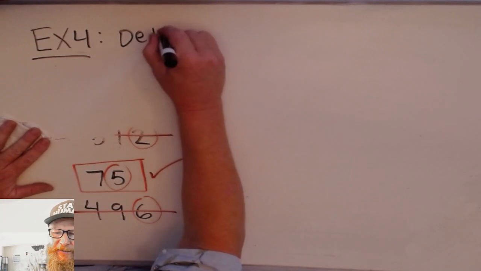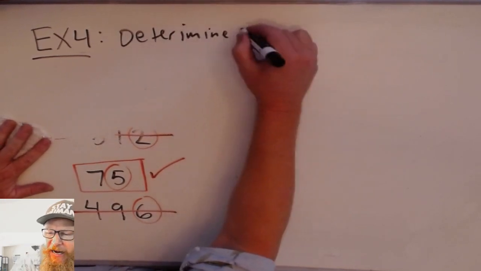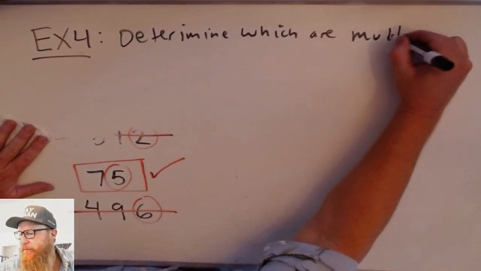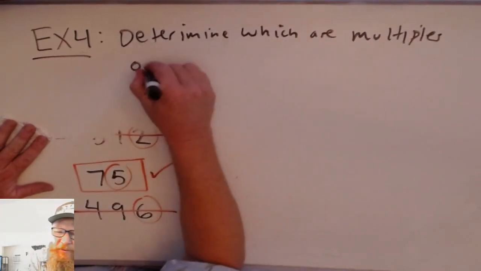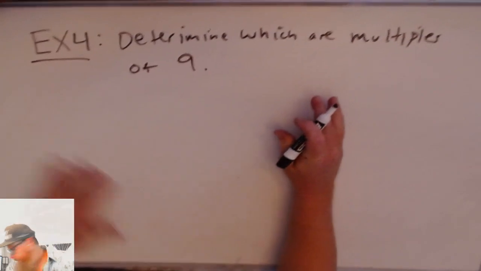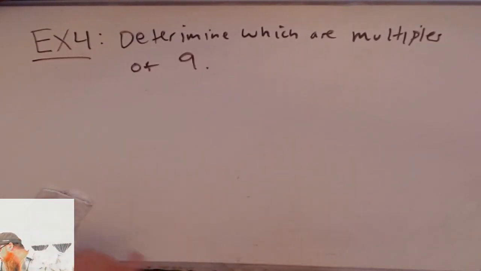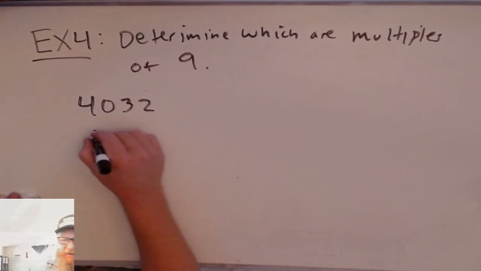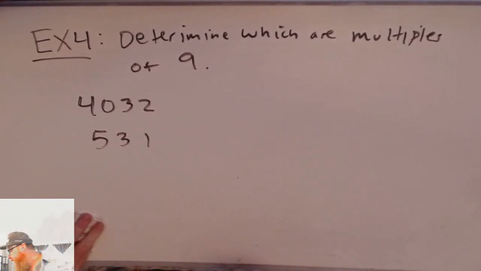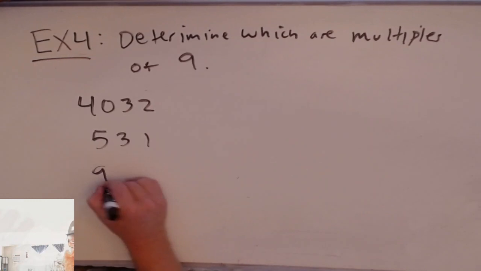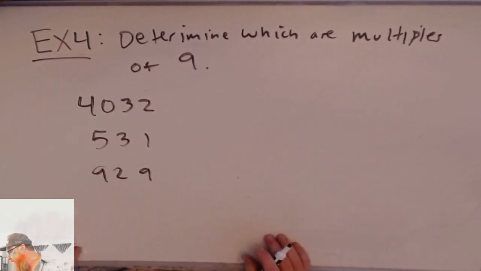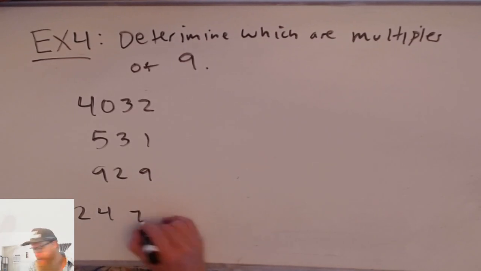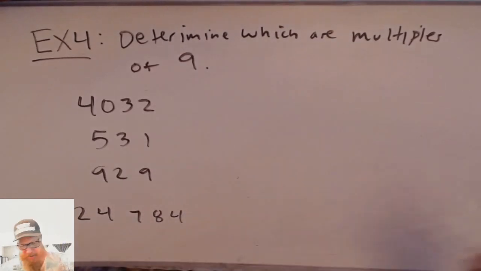All right, let's go to 9. So 4,032,531, 929, and 24,784.